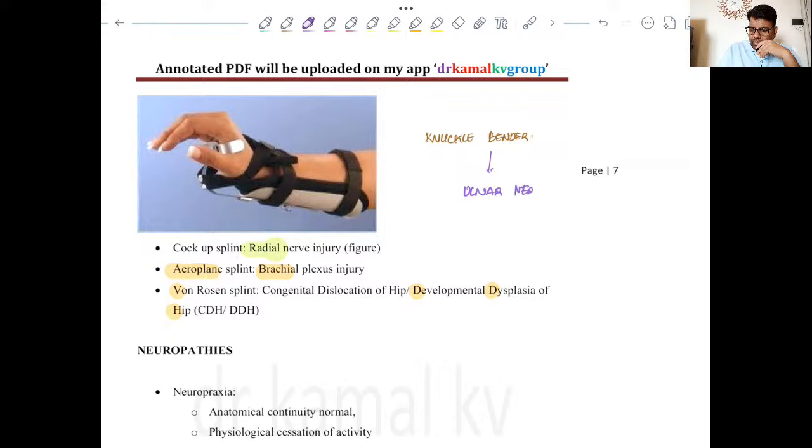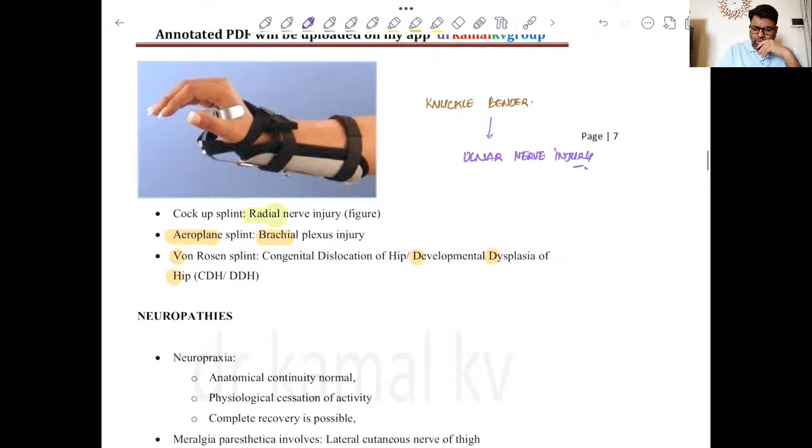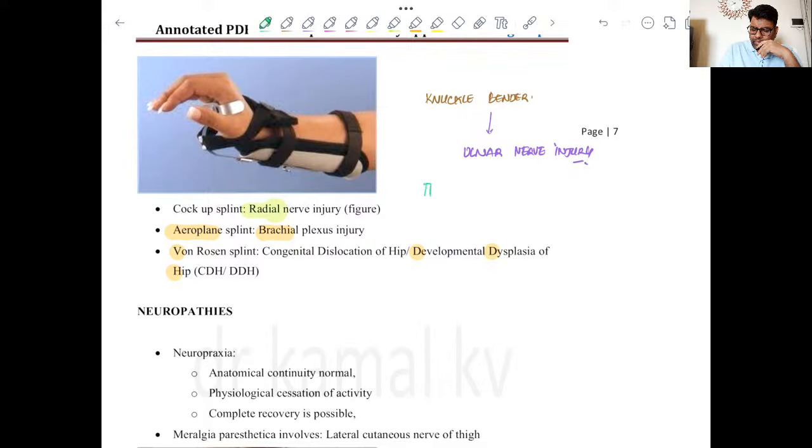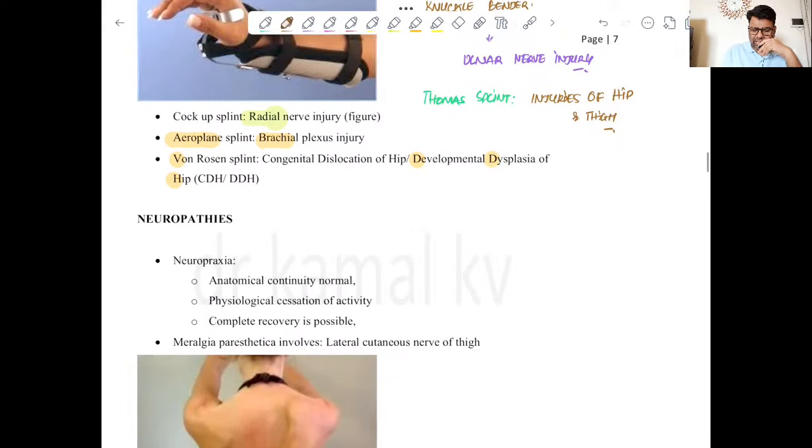Clear? So just remember this much as well. There is one Thomas splint, which is used for injuries of lower limb, especially around hip and thigh. Clear? So just to memorize. So these are few important splints.